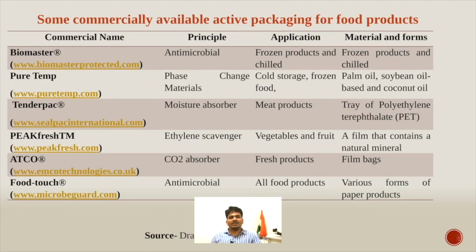Some of the commercially available active packaging for food products can be seen from this table: the commercial names like Biomaster, Pure Temp, Tedder Pack, Peak Fresh TM, ATCO, and Food Touch. The principle behind Biomaster is microbial-based action. In Pure Temp, it is phase change material action, and in Tedder Pack a moisture absorber-based mechanism.